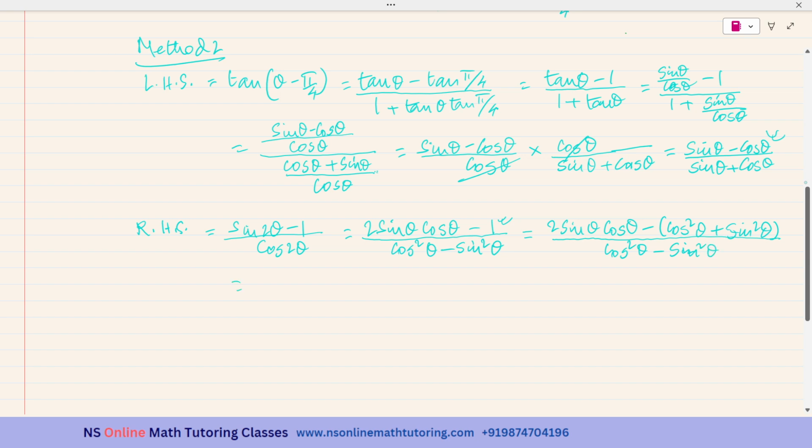So this is equal to, again I'll be taking the negative sign outside because otherwise I cannot write it in the form of a whole square.